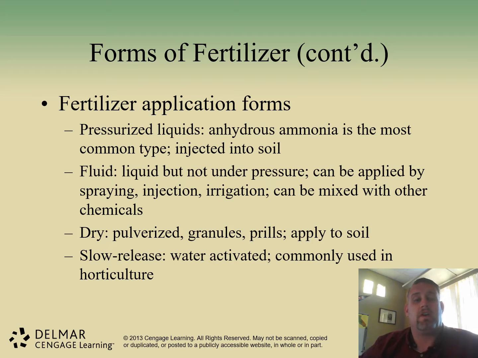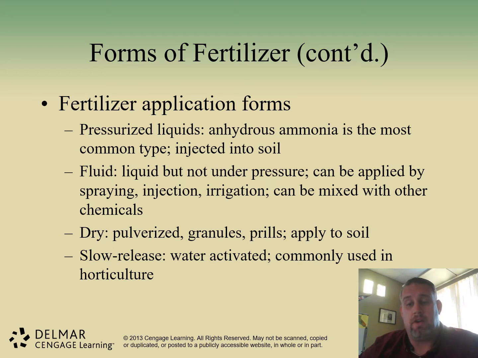So there are a few different forms. There are liquid applications or pressurized liquid, there are dry, and there are slow release. Pressurized liquid is basically injected into the soil, and anhydrous ammonia is very common to do this.